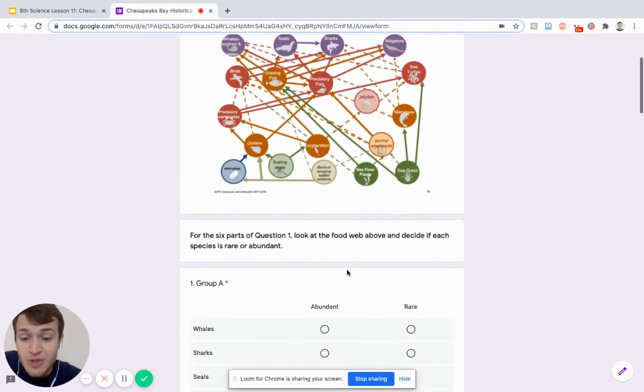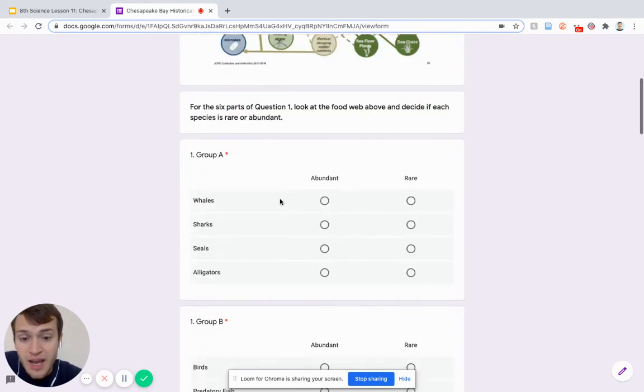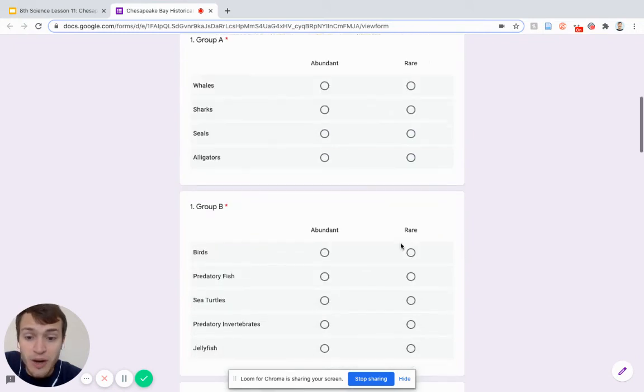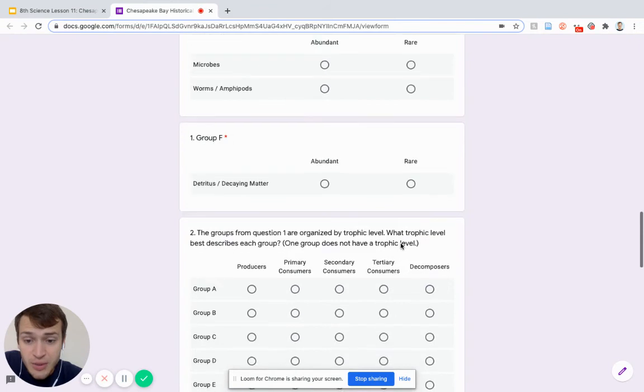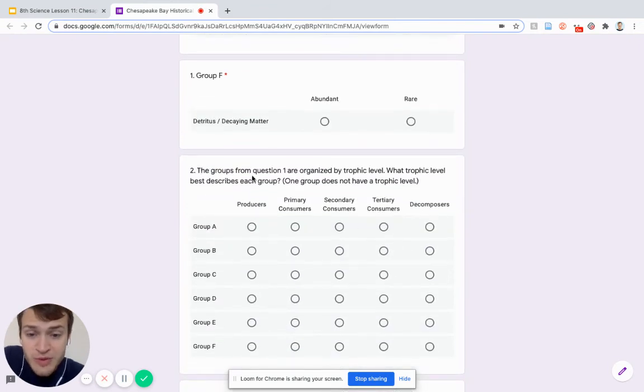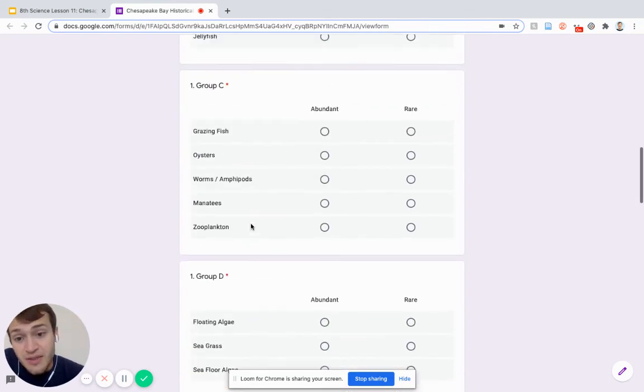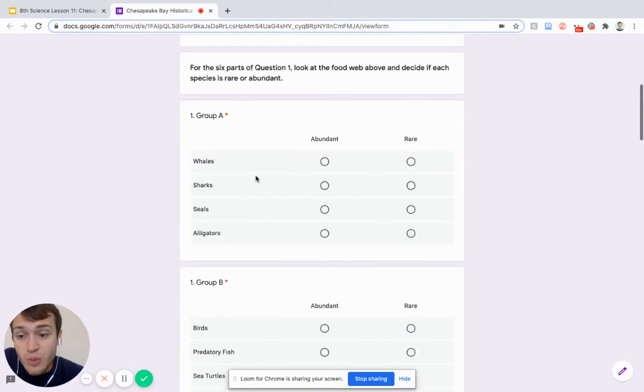All right, so for question 1, we already know: decide whether each species is abundant or rare. Question 2 says, the groups from question 1 are organized by trophic level. What trophic level best describes each group? And one group does not have a trophic level. These species are all organized in a certain way.